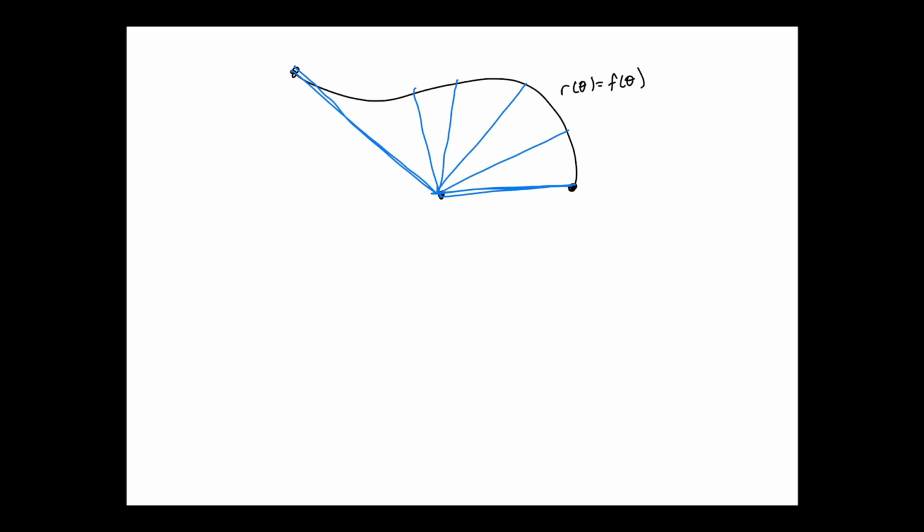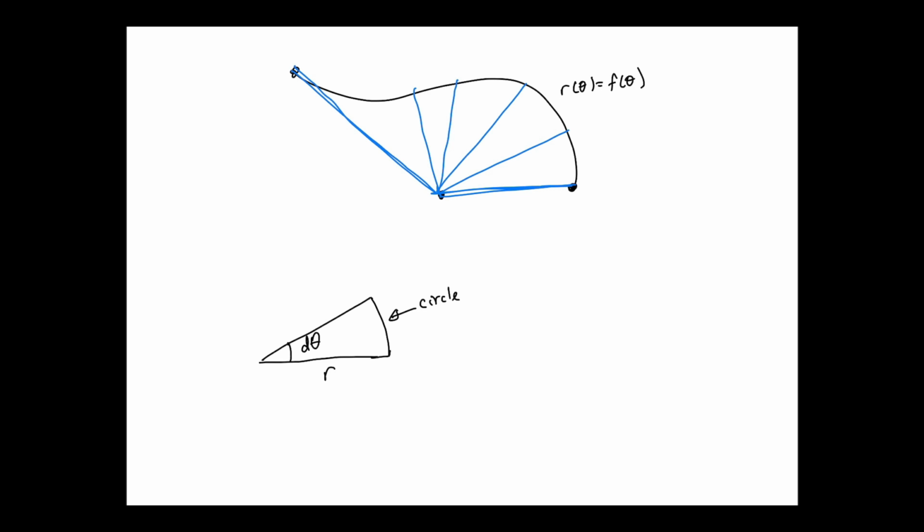Okay, would you guys agree that... So let me draw my ideal pizza slice.